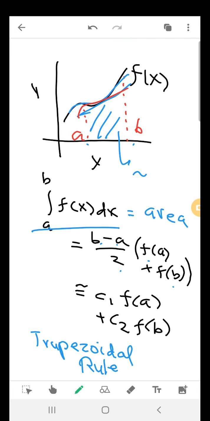Whatever may be the accuracy, the basic form of the equation will be like this: the integral of f(x) is c1 f(a) plus c2 f(b) and so on. This will be the form of the final equation.